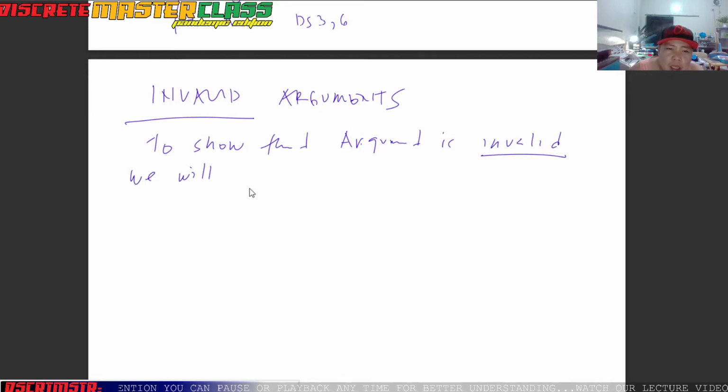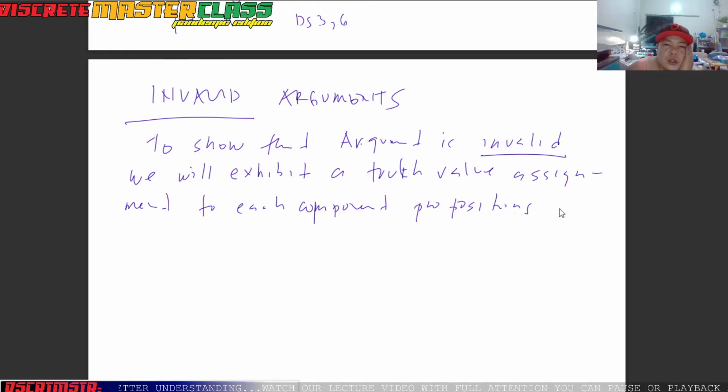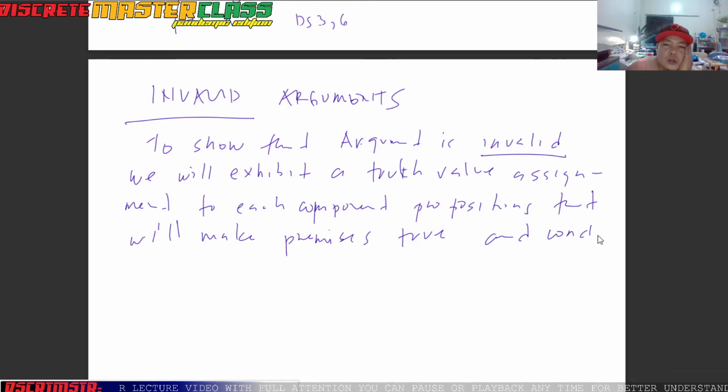We will exhibit a truth value assignment to each component propositions that will make premises true and conclusion is, of course, false.